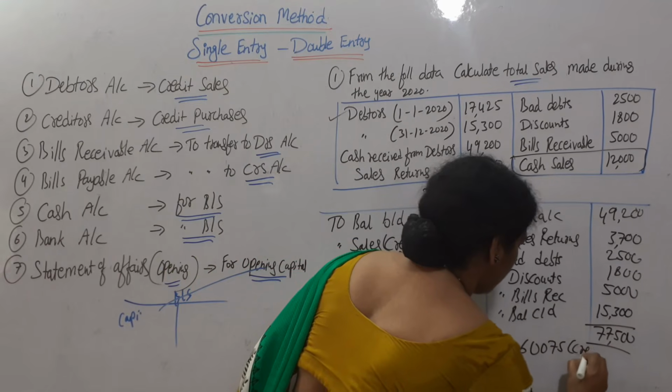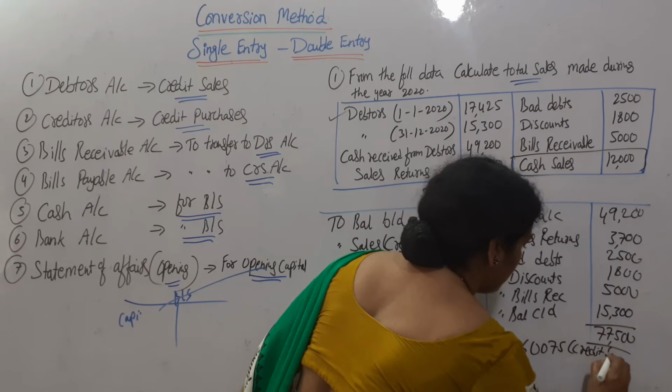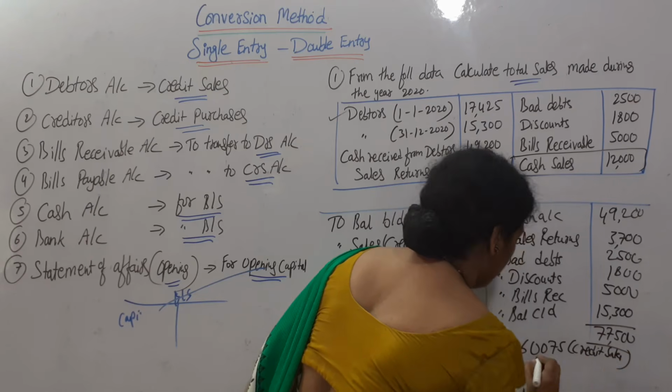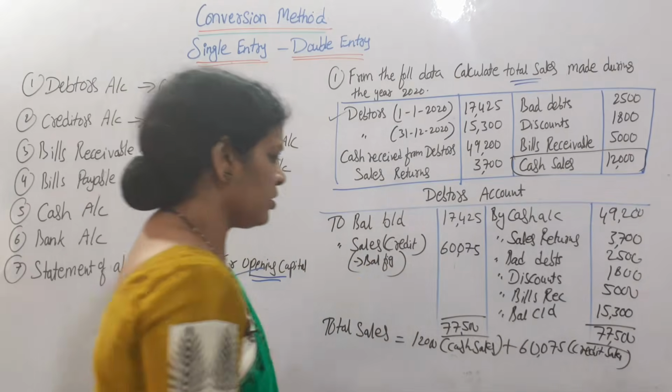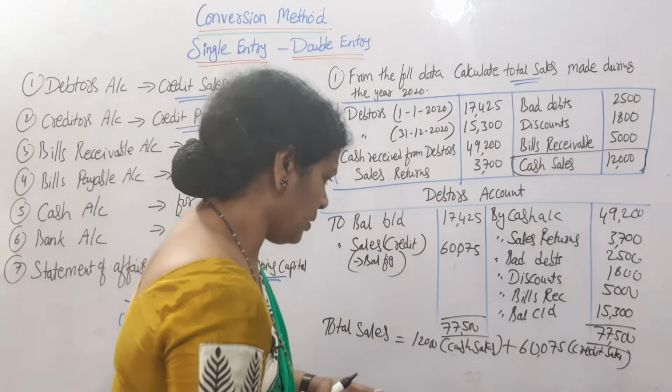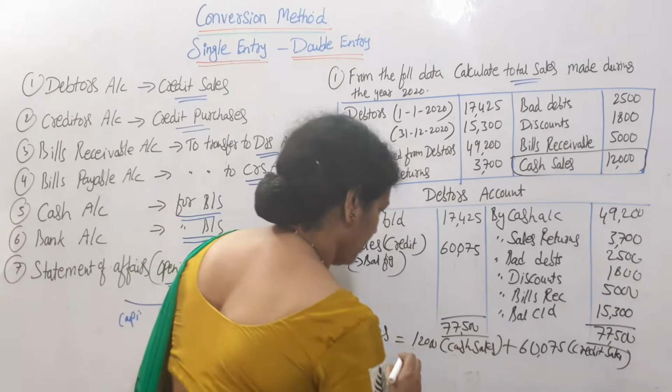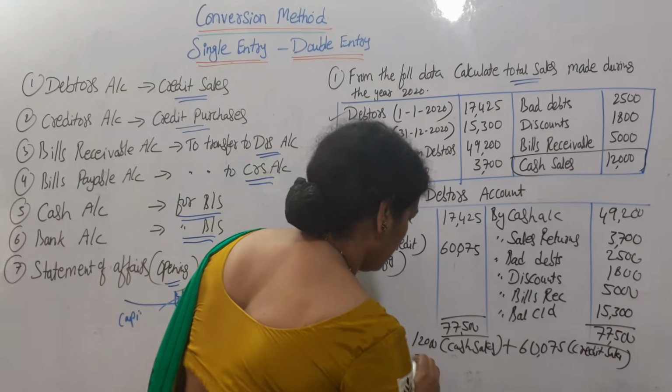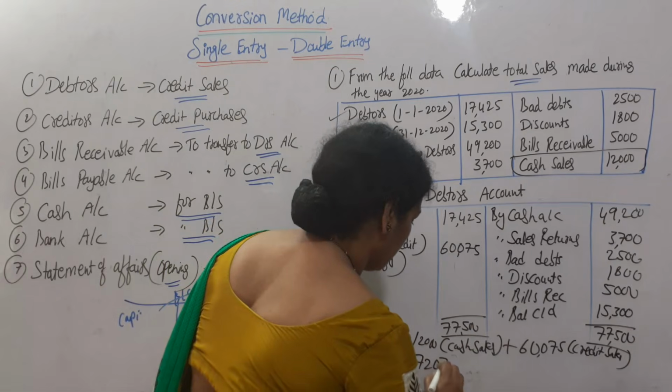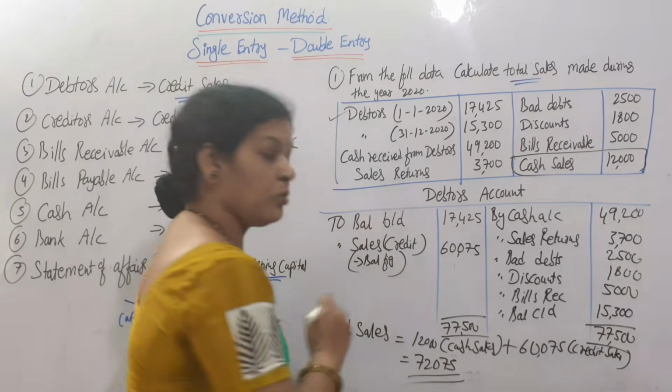This is credit sales. So this is 12,000 plus 60,075. It means 72,075 rupees is the total sales.